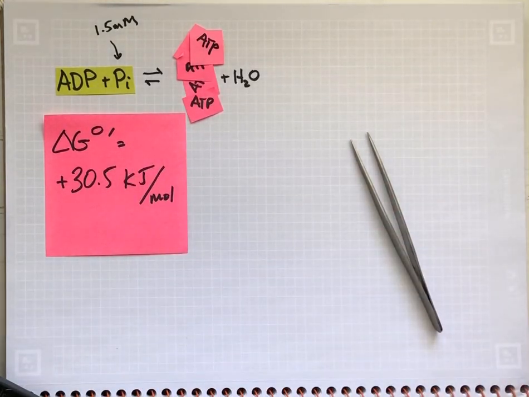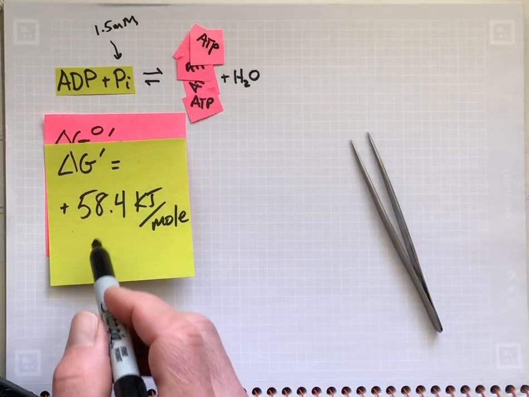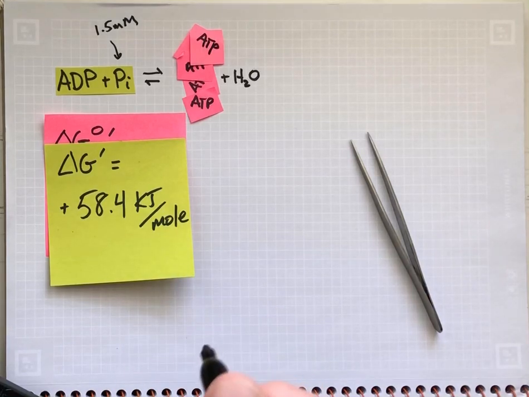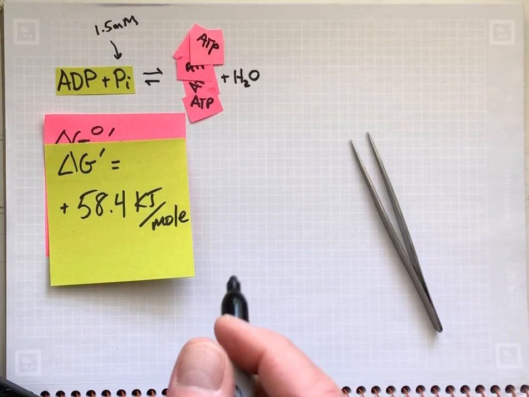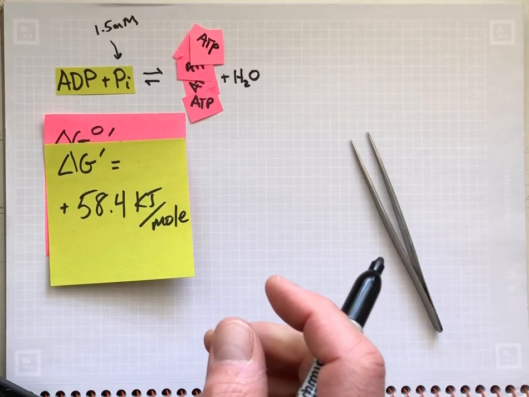The true cost in a healthy living cell is this value, 58.4 kilojoules per mole, meaning we need to work harder to make the ATP if we are thinking about the work done by ATP synthase.